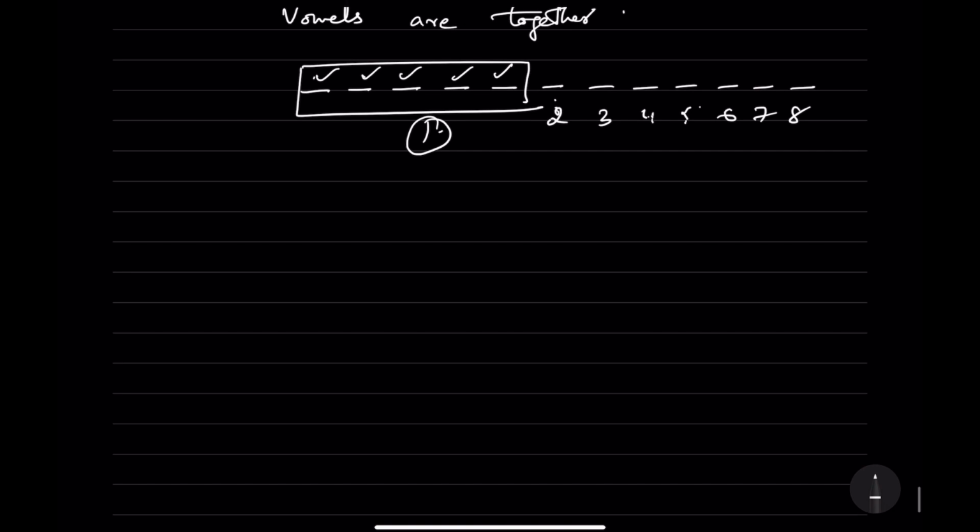So the total number of letters is 8, because we are taking the vowels as one, so here n is equal to 8.